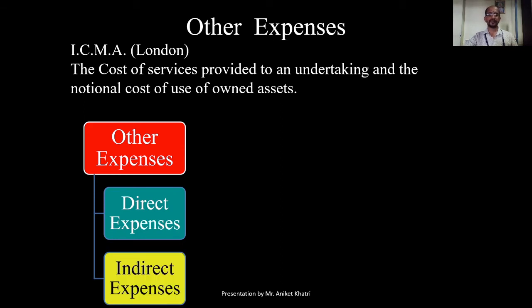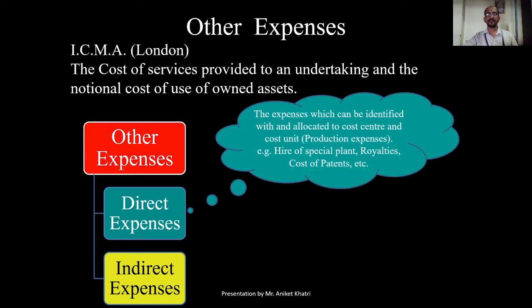Let us see the direct expenses. The expenses which can be identified with and allocated to the cost center and cost unit, that is production expenses, will be covered under the head direct expenses.